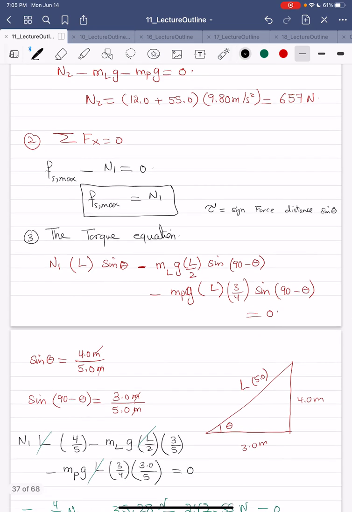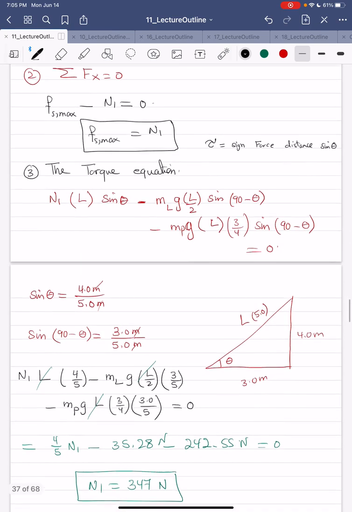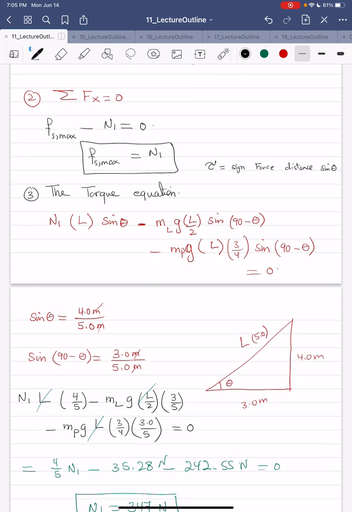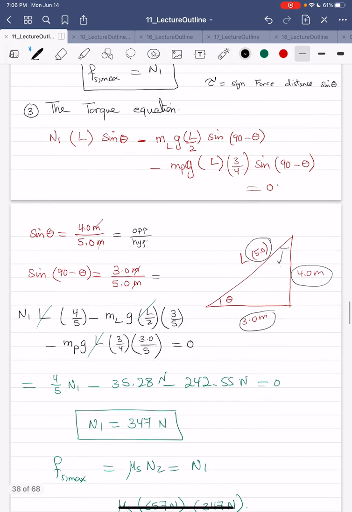You will find my solution a little bit different from the video one, and I want you to be open to having more than one way of solving the problem. These distances were given. This is 4 and this is 3, and we know from the Pythagorean theorem that this one should be 5. Now, sine theta is going to be the opposite divided by the hypotenuse, and sine of 90 minus theta, which is this one here, is again its opposite divided by the hypotenuse.